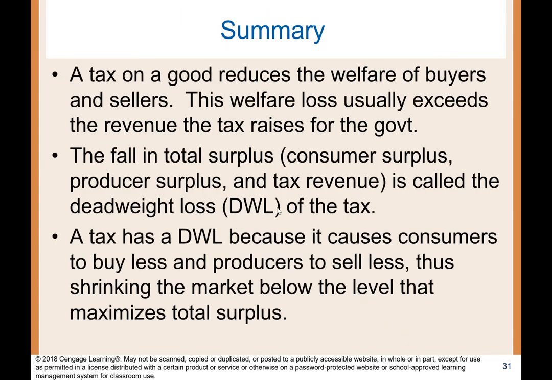Summary. A tax on a good reduces the welfare of buyers and sellers. This welfare loss usually exceeds the revenue the tax raises for the government. The fall in total surplus, that's consumer surplus, producer surplus, and tax revenue, is called the deadweight loss, DWL, of the tax.